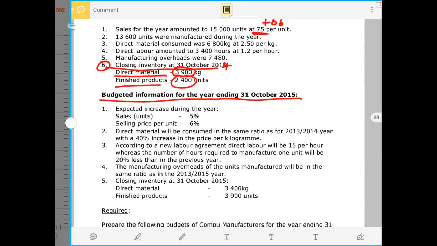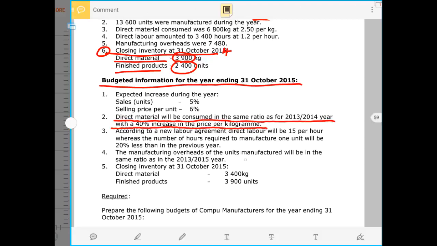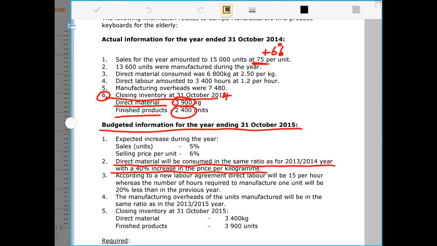Then under number 2, it says that direct material will be consumed in the same ratio as 2013 and 2014, with 40% increase in the price per kilogram. So now that means our direct material per kg is expected to increase. And remember that our direct material was under number 3.